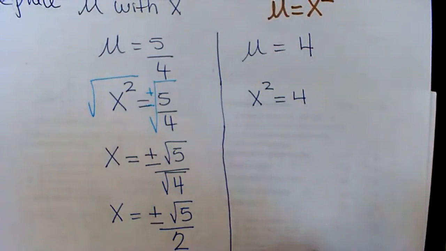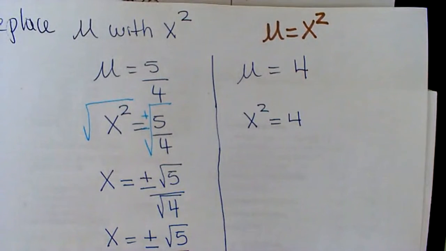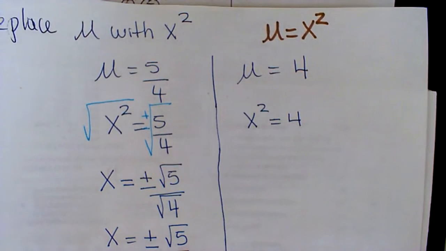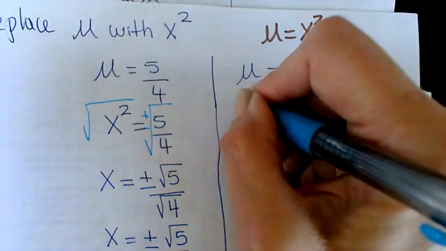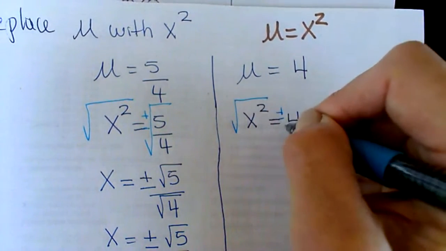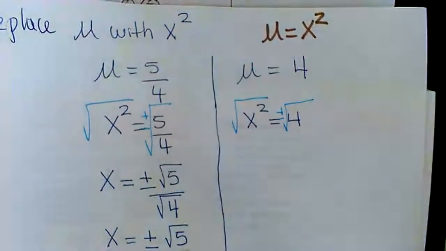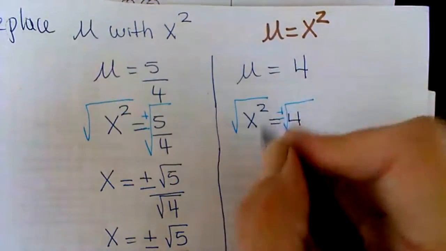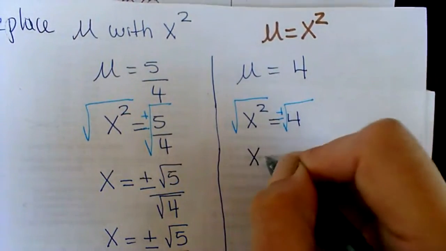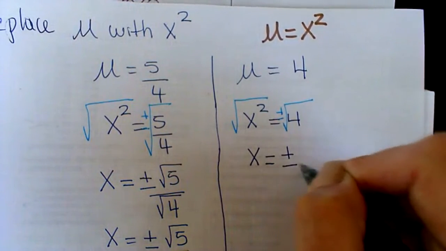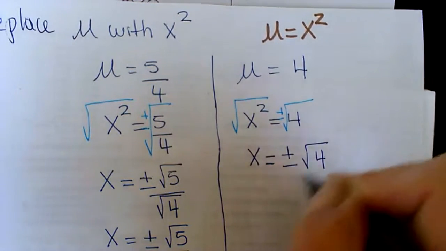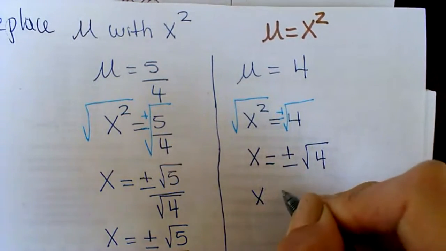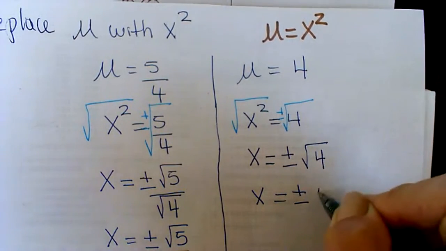And then the other one, again, we're going to apply the square root on both sides. So we get x is equal to plus and minus square root of 4. x is equal to plus and minus 2.